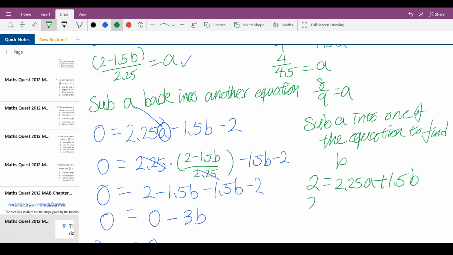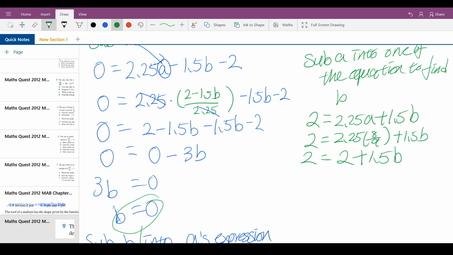And then we just put it in. 8 over 9 times 2.25 plus 1.5b. I've got a feeling it will just give us something that we know. Yep, it gives us 2 plus 1.5b. So when you move the 2 to the other side, you minus it. So 2 minus 2 is 0. 1.5b. And therefore, b equal to 0.